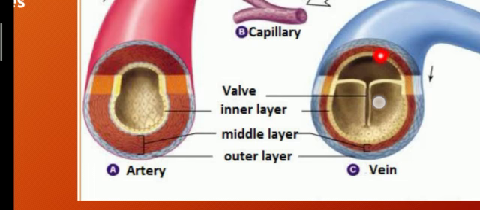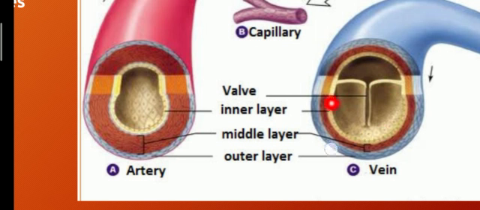Then the wall of the vein. As we know, the vein carries deoxygenated blood, means the blood rich in carbon dioxide. So in the vein, as it brings blood towards the heart, the blood pressure is very low in the veins.